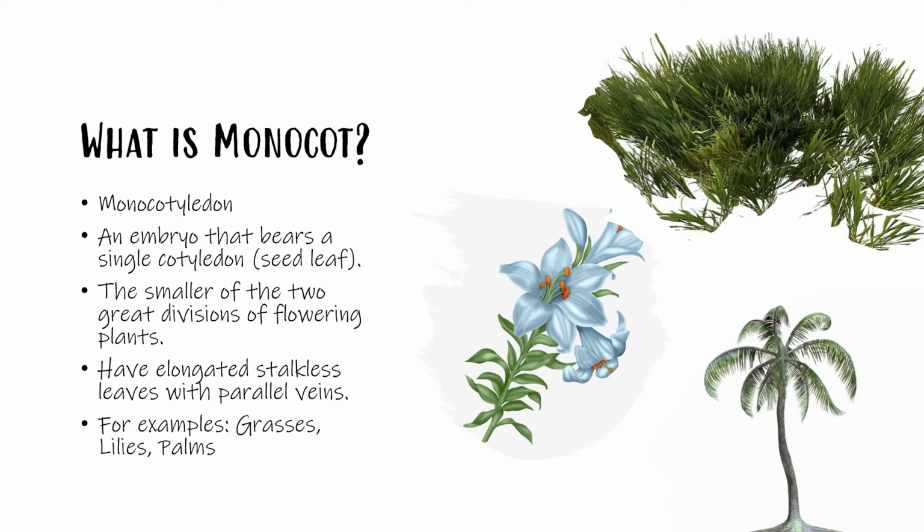Monocotyledon is a flowering plant with an embryo that bears a single cotyledon. Monocotyledons constitute the smaller of the two great divisions of flowering plants. Monocotyledons have elongated stalkless leaves with parallel veins, for example, grasses, lilies, and palms.